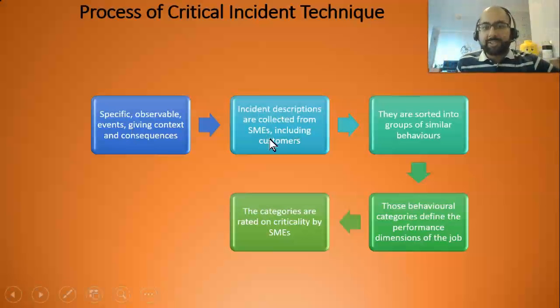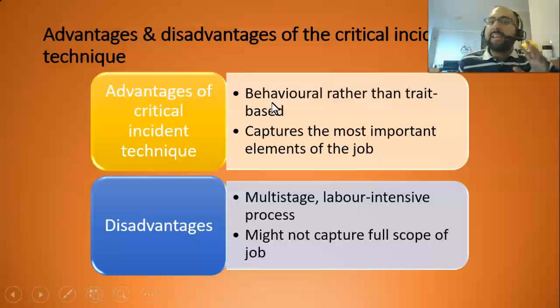The incident descriptions are collected from subject matter experts, including customers. They're sorted, categorized, and then given back to the subject matter experts to work out which are most critical, which are most important. The advantage of the critical incident technique is that it is behavior-based rather than trait-based.